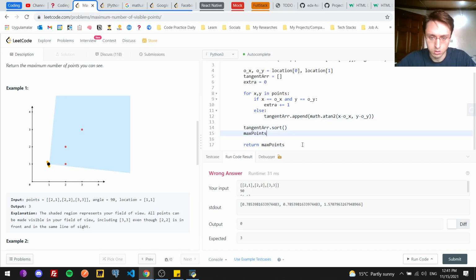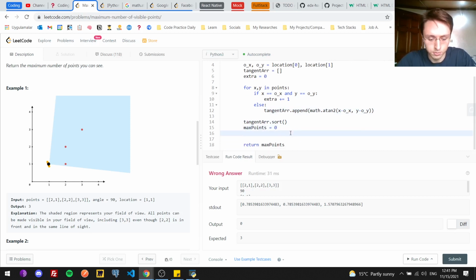So let's create that, and then here, and then now we have i and j, and for that, let's see. Okay, it's just a simple sliding window, right?